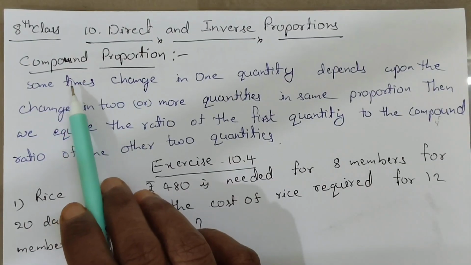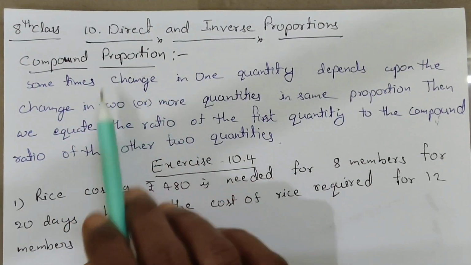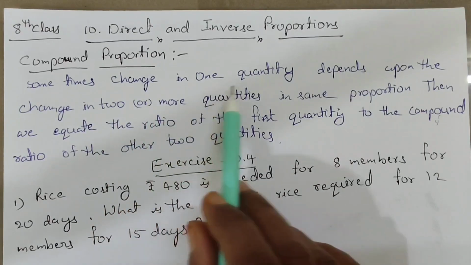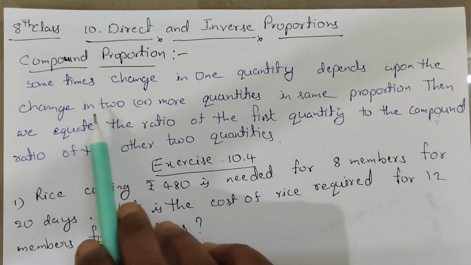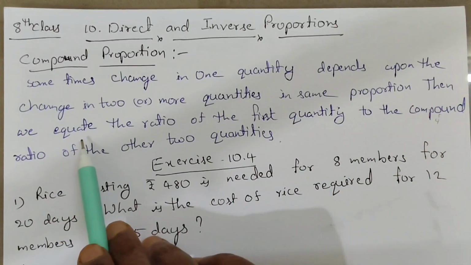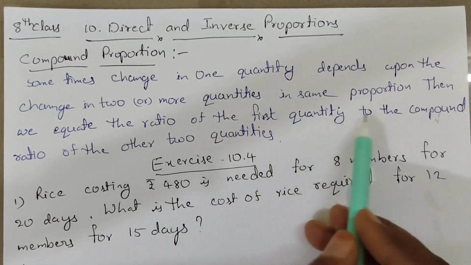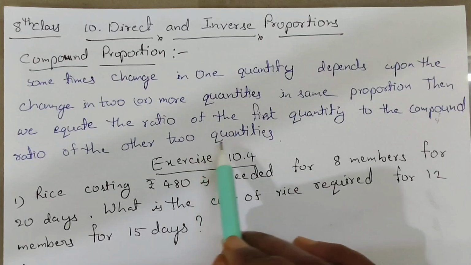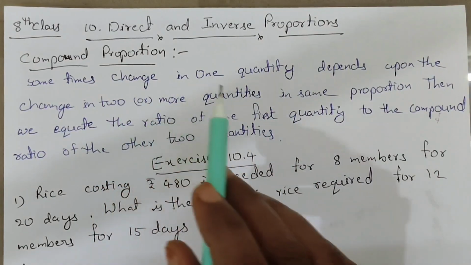I am already writing the definition here. Compound proportion: sometimes the change in one quantity depends upon the change in two or more quantities. Then we equate the ratio of the first quantity to the compound ratio of the other two quantities. This is the compound ratio definition.